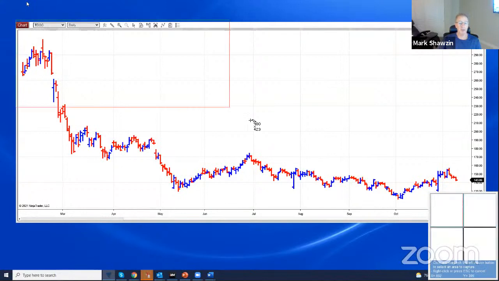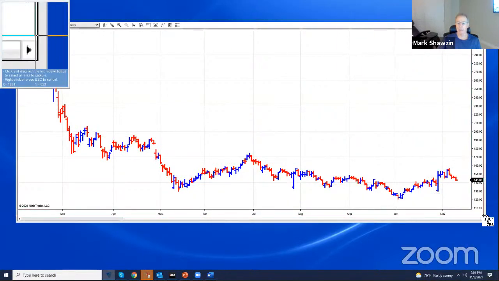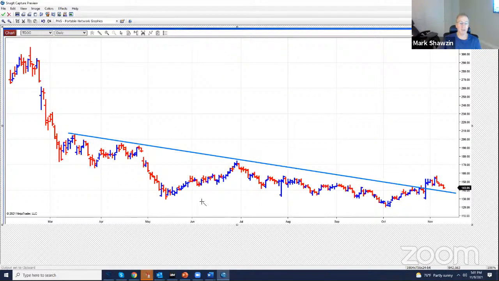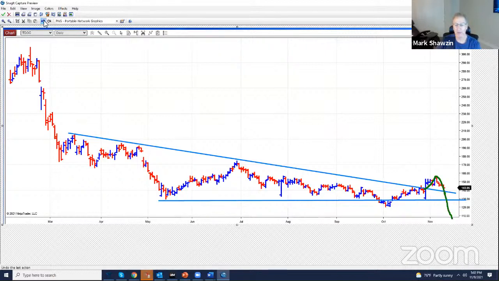So we see that big head and shoulders on the weekly, and then on the daily, you've been traversing within the confines of this descending triangle price pattern. Now, sometimes the market breaks out, gives you a little head fake, breaks above this area, everybody gets excited, chases it, and then it works out into what's called a bull trap, where all the bulls who chase this get trapped, and it goes the other way.